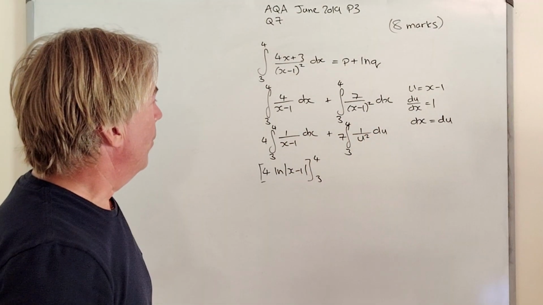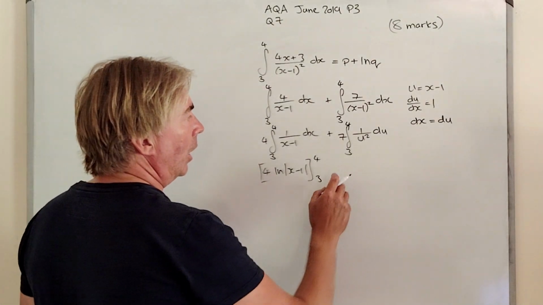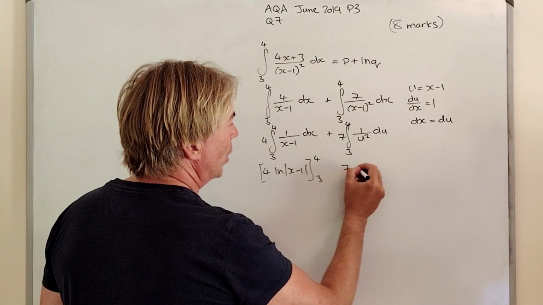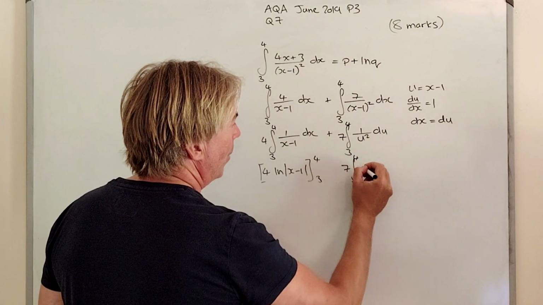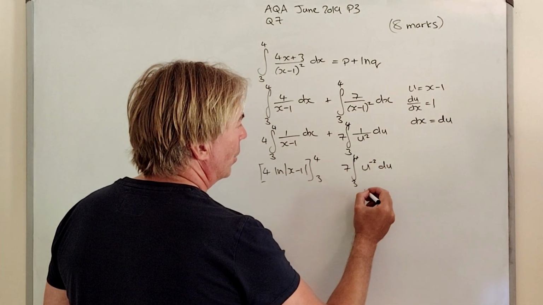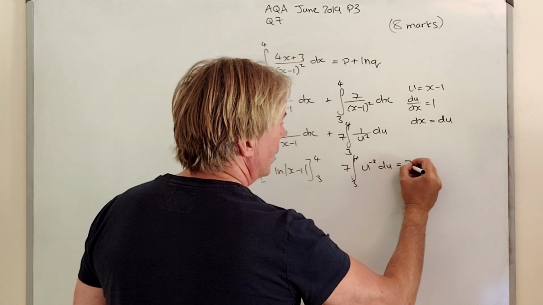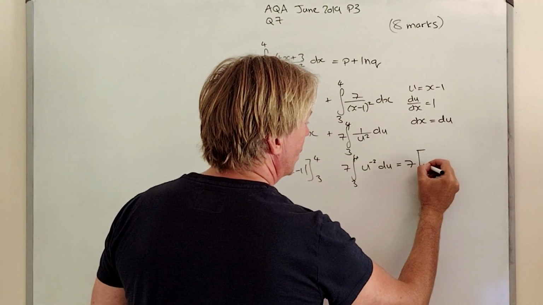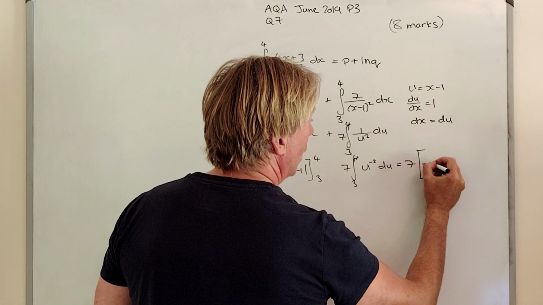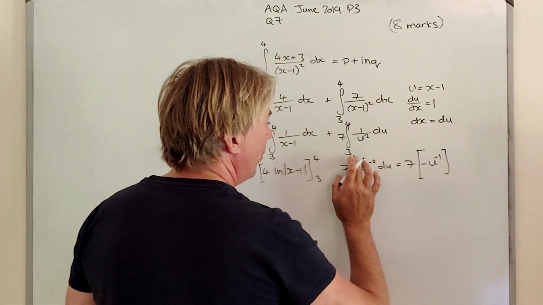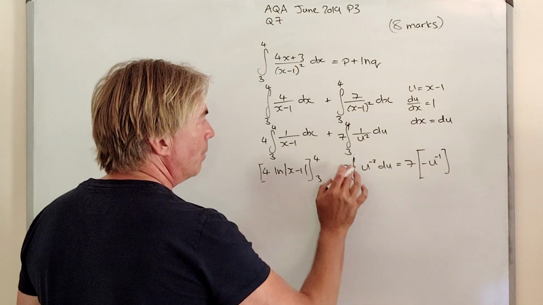Now that looks pretty straightforward because I can change my power: 7 lots of u to the negative 2 du. That's going to be equal to 7 lots of, add 1 to the power, which is negative 1, so negative u to the negative 1. I can't put my limits in as 3 and 4 because I've changed my variable.